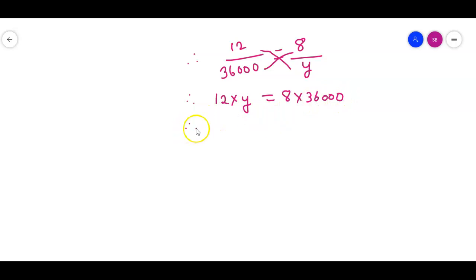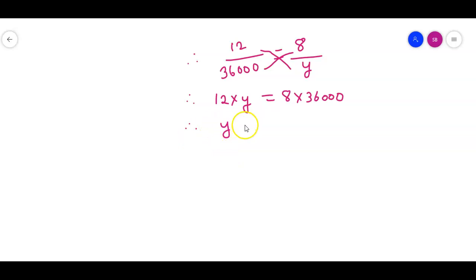Those who know can do it directly, but I am doing it for the many students who don't know these kinds of equations. Otherwise you can directly write.